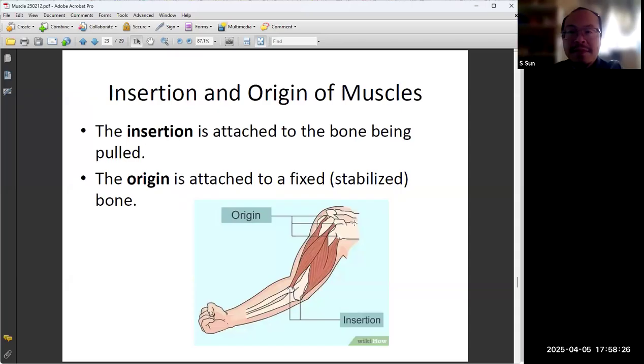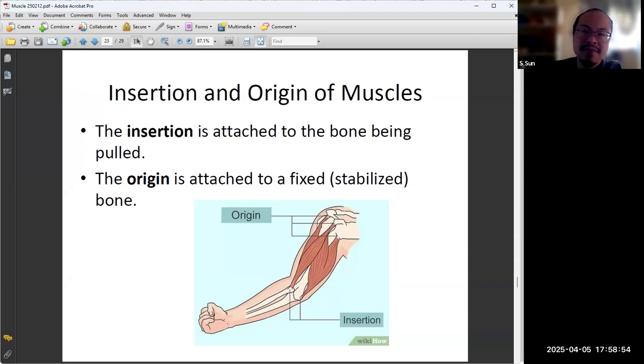We can also classify the muscle based on their action, their function. Because muscles are attached to bone, there will be an attachment of the muscle to the bone. We can determine this attachment as either the origin of the muscle or the insertion of the muscle.